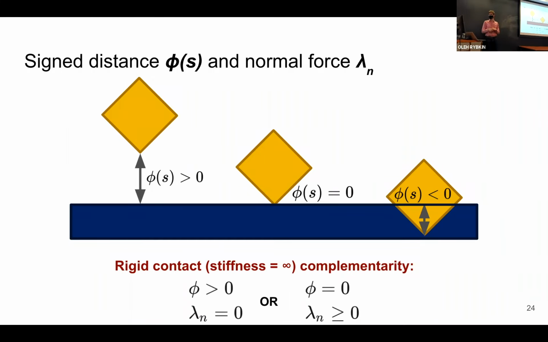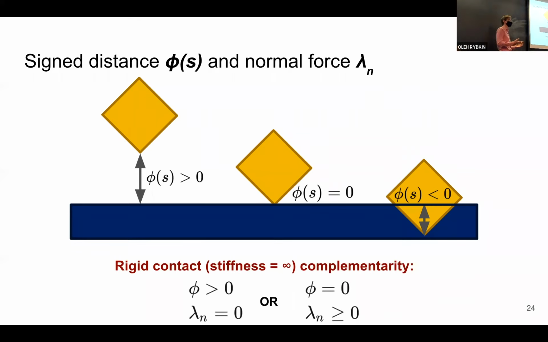If you have a relatively stiff system, and stiff systems are the ones that we have trouble learning right now, you can simulate that using a law known as complementarity, which says that one of 2 cases has to be true. Either you have some gap between your 2 objects, so phi is positive, and then the force between the objects has to be 0.